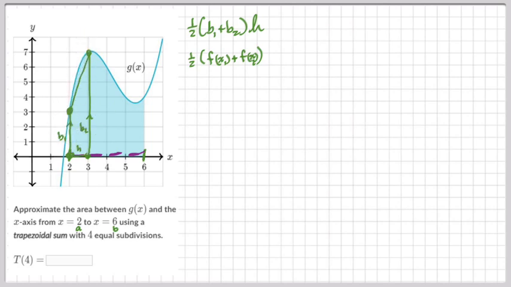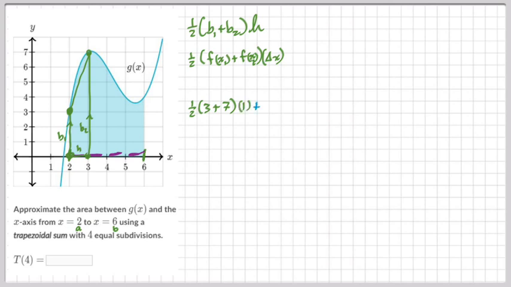So that's your B1, B2. And then H, do you guys remember what H would be? H would be delta X, which is 1. Yeah, you guys went straight to the 1. Okay, so let me write this out. We have 1/2, and that would be a 3 plus, and what's this one up here? 7. That's the length. And then the H, the delta X, is 1. Okay, then we have plus.